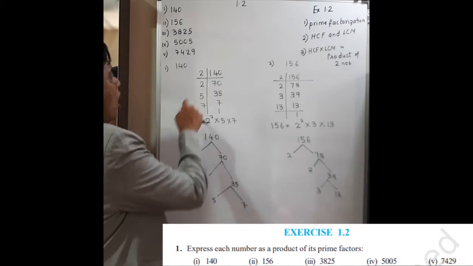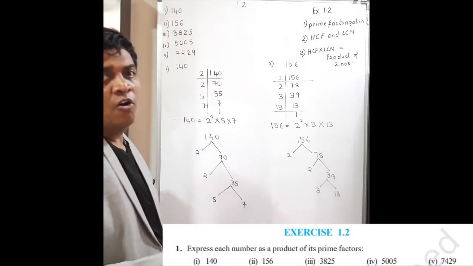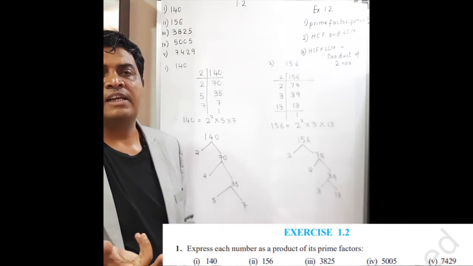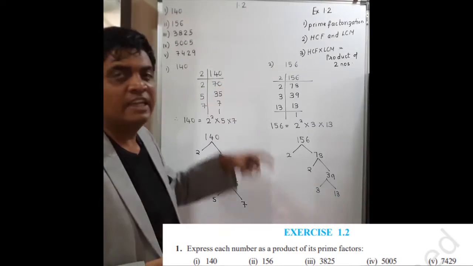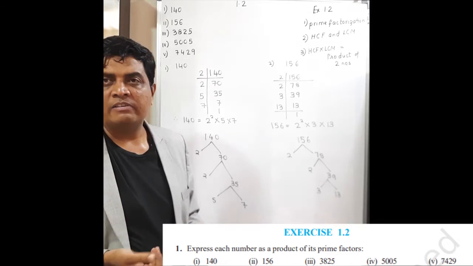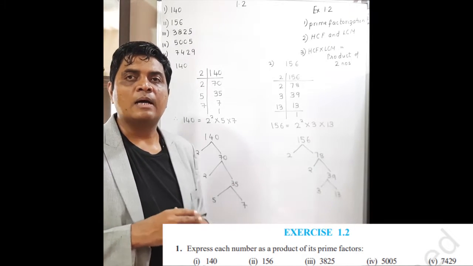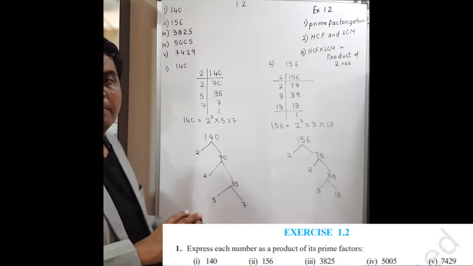Now 140. How will I write 140? I start the division. For division, you should know some basic rules, like the divisibility rules. For 2, if the last digit is an even number, then it is divisible by 2. For 3, if the sum of all the digits is divisible by 3, then the whole number is divisible by 3.